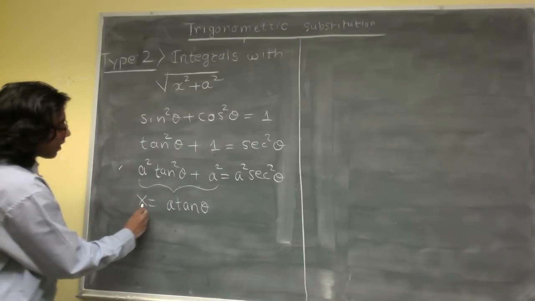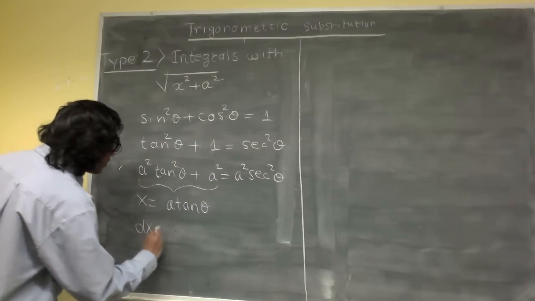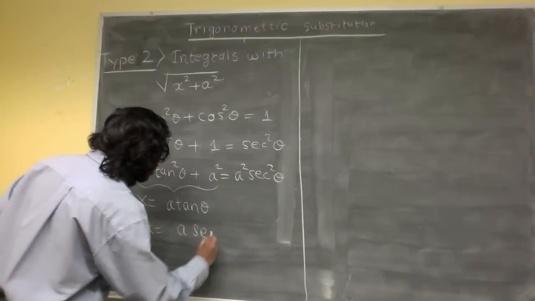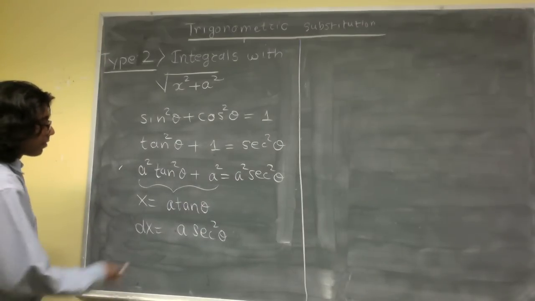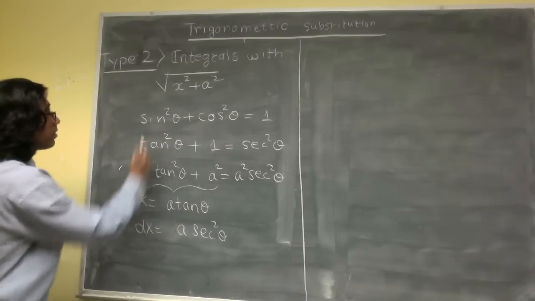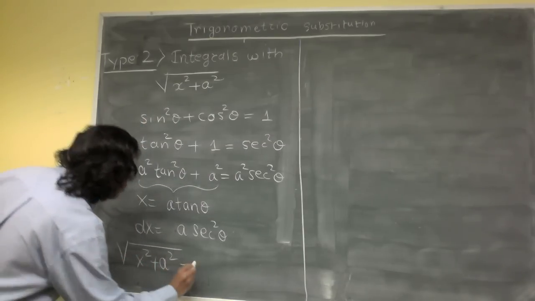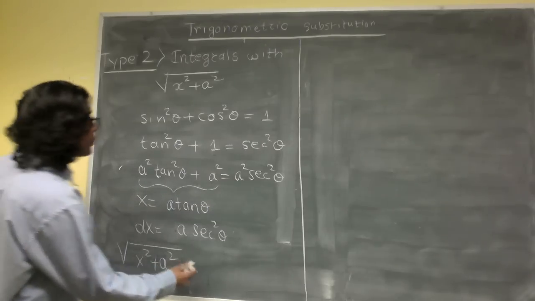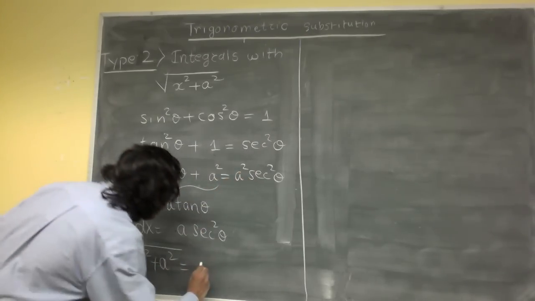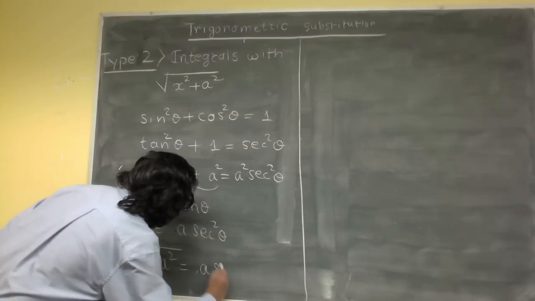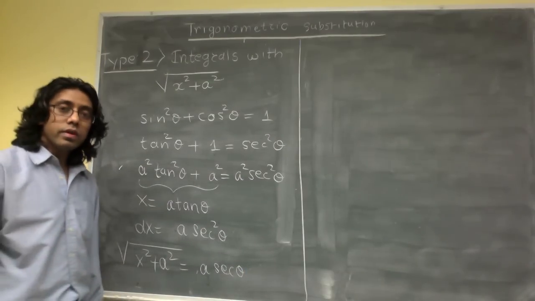Okay, so if we have x is equal to a tan of theta, we get dx as a times secant square of theta, and our square root of x squared plus a squared becomes a times secant of theta.